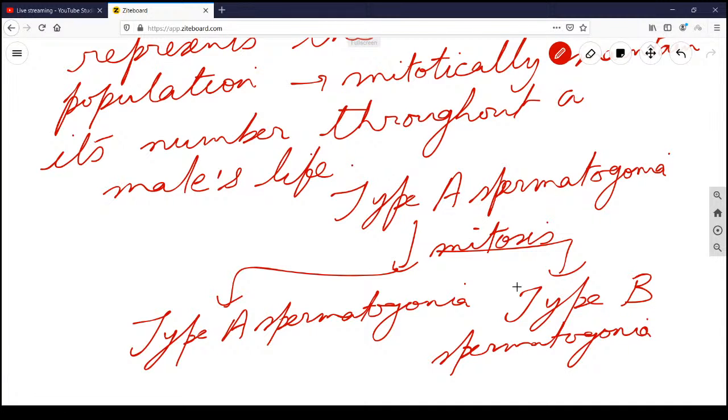This type B spermatogonia will take part in the pathway of spermatogenesis, whereas the number of type A spermatogonia got maintained. It remained constant as it gave rise to one type A spermatogonium per type A spermatogonium, so that the stem cell population pertaining to the spermatogonium never ceases, never decreases.